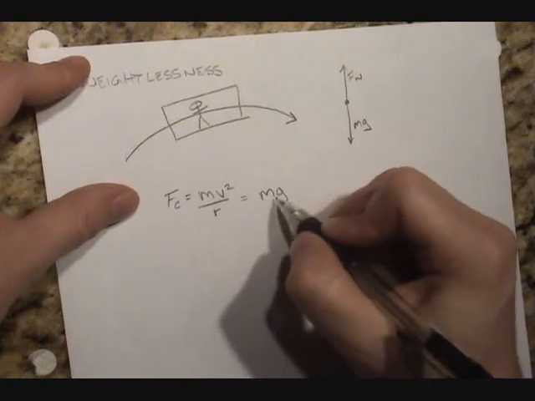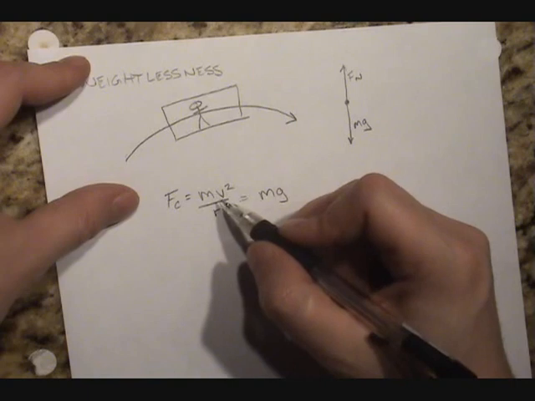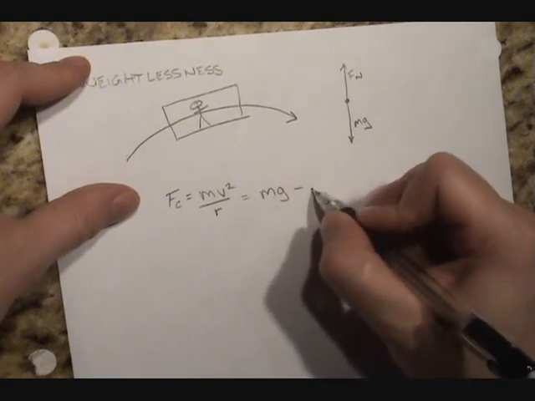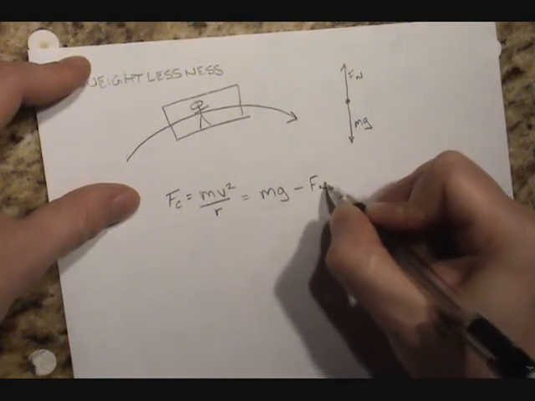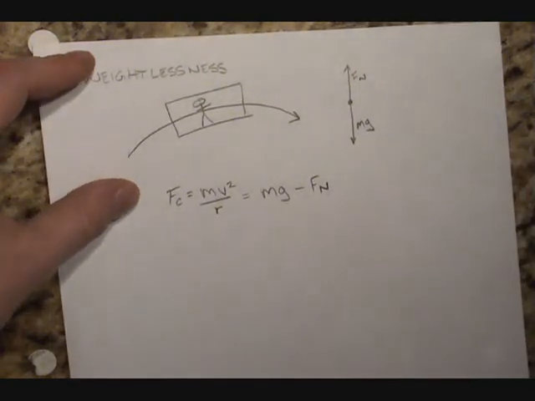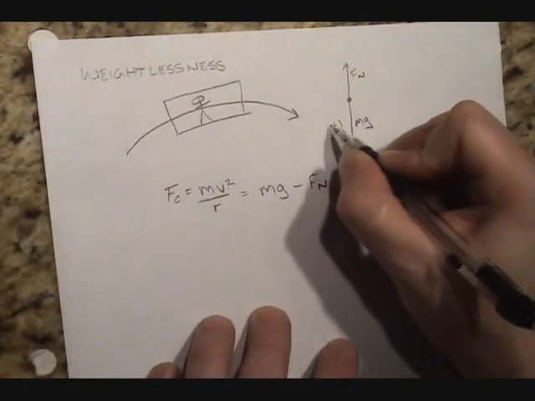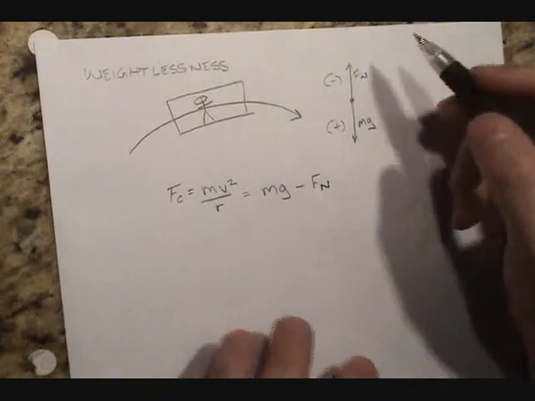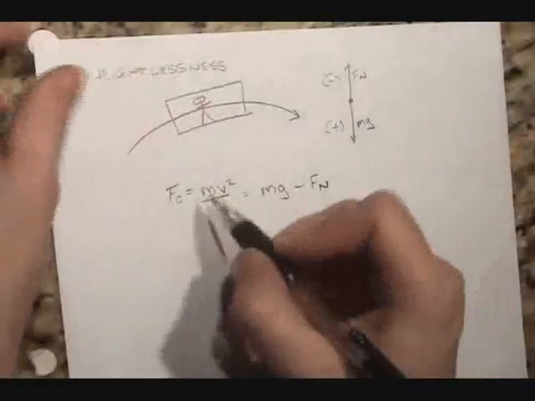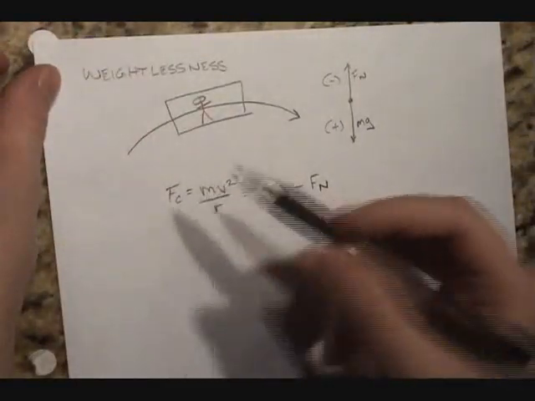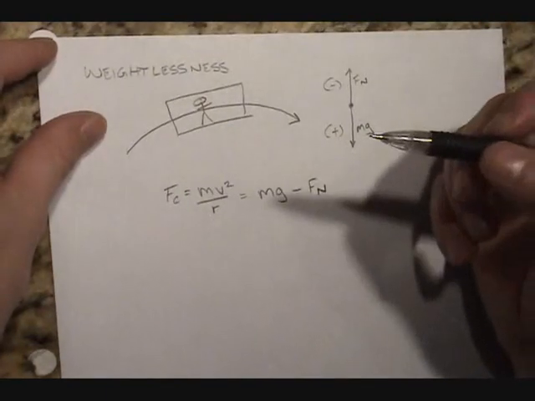This is actually causing the centripetal force, and the normal force is pointing up. Now I've reversed my coordinate system. I'm calling this direction positive and this direction negative because the centripetal acceleration is pointing down. Otherwise we'd have a negative number on the left side. So I'm picking down as being the positive direction in this particular situation.